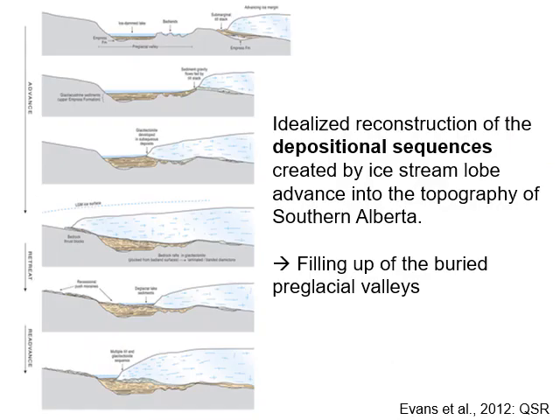Well, when the ice sheet was approaching from the north, so this is the Laurentide ice sheet, it took some sediment with it, so some till was smeared out a little bit like toothpaste under the ice, but it encountered these preglacial valleys. And what it did when it moved over the preglacial valleys, it first filled up these valleys with all the till and all the other tectonized sediments.